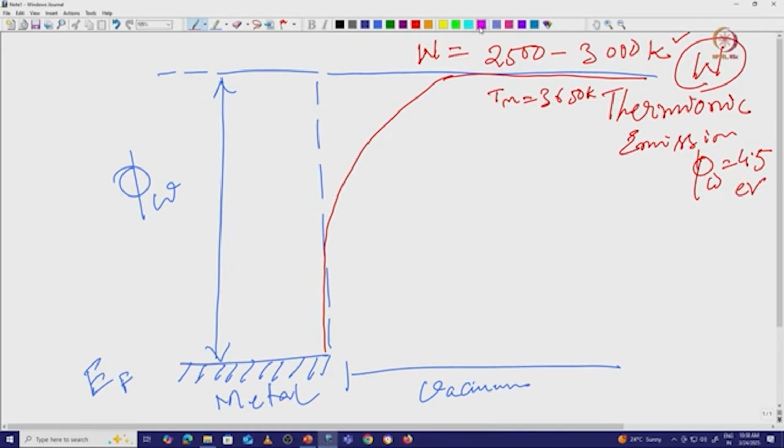Now what about the others? I'll use a different color to show you. For Schottky emission you will get a similar kind of curve, and then there is a change in its path and it goes like that. This is called Schottky emission.